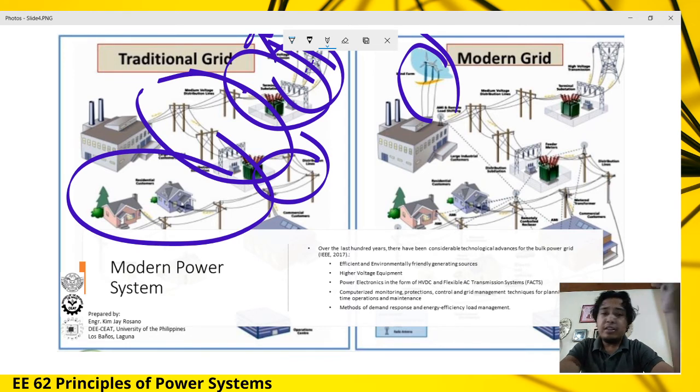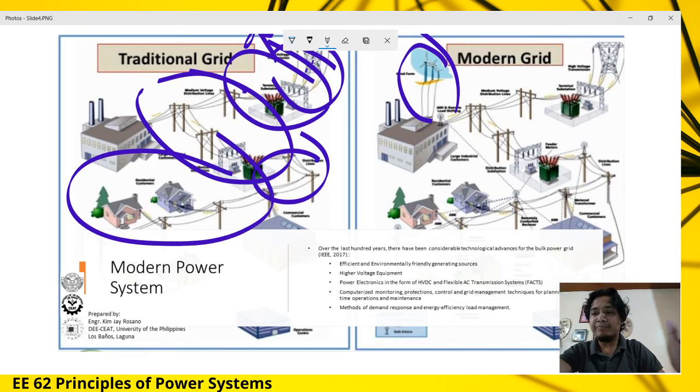Basically, yung ating generations, dumami siya dahil dun sa ating renewable energy. You now have power plants of smaller capacities. Your wind farms, your solar farms that are injecting power on your distribution system, hindi na siya sa transmission system.